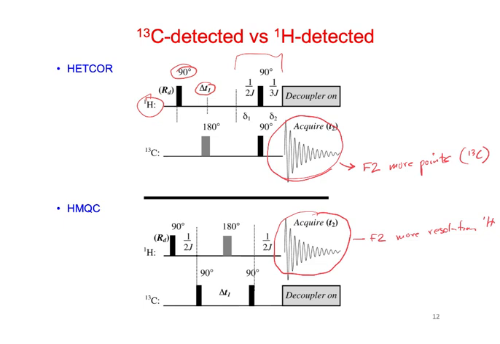Notice that both of these also have the decoupler on during acquisition, so we're removing any coupling in the actual spectrum, right? We're observing coupling through the pulse sequence, but when we acquire the spectrum, everything's a singlet in the C13 channel.